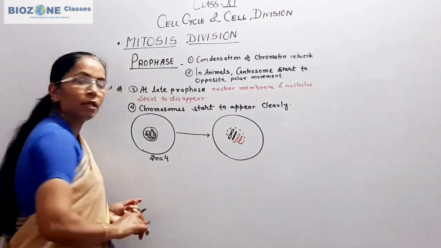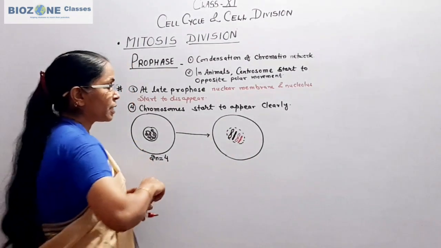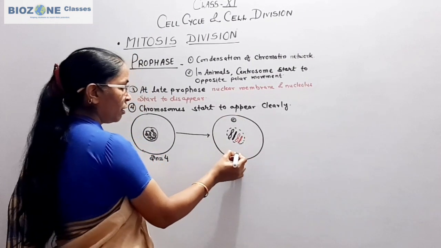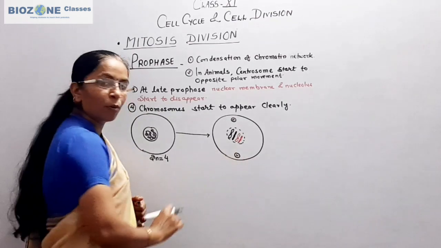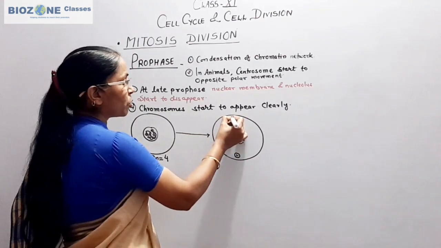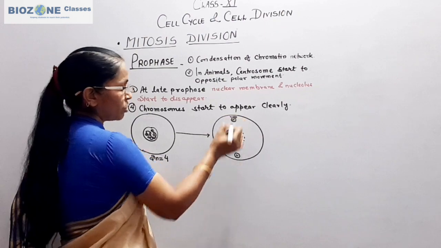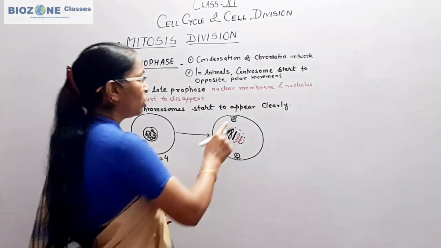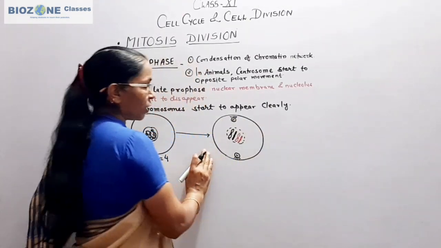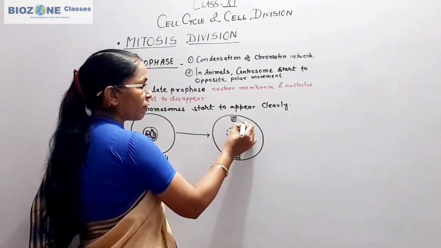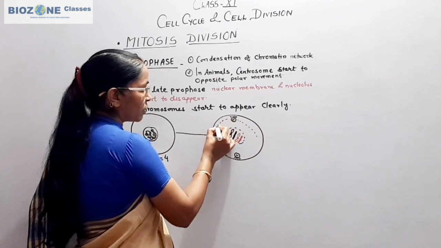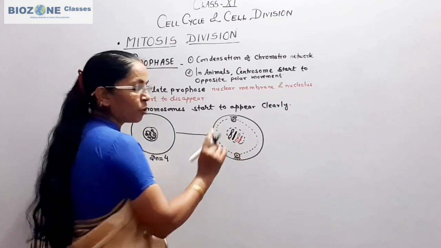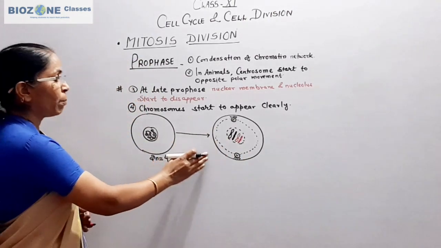Secondly, the centrosome in the animal cell now reaches the opposite pole, and from the centrosome star-like rays appear. These are called astral rays, which we will study later. The spindle fibers also start to appear at late prophase. These are the features of prophase.